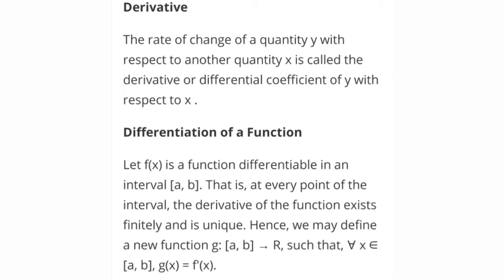Differentiation of a function: let f of x be a function differentiable in an interval ab, that is, at every point of the interval the derivative of the function exists finitely and is unique. Hence we may define a new function g defined over ab to R such that for all x belonging to the closed interval ab, g of x is equal to f dash x.